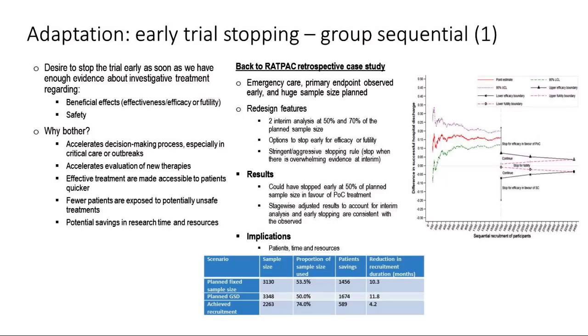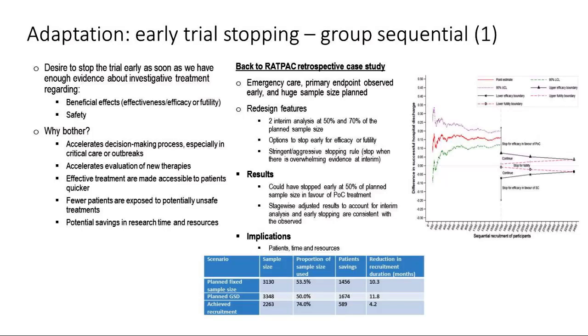If it is less than 1% or even 0.5%, then I don't think it's benefiting patients. So we had a discussion. Then I had to translate that information about the treatment effect into a statistical stopping boundary. So it's a discussion that you need to have as a team. It's not only a statistical issue.